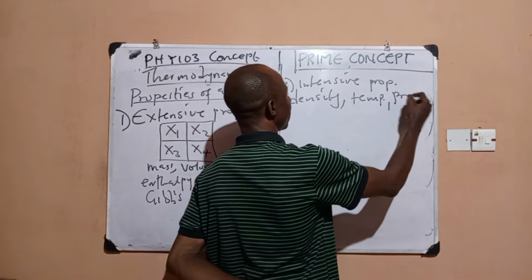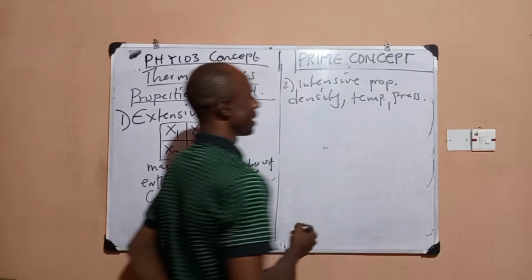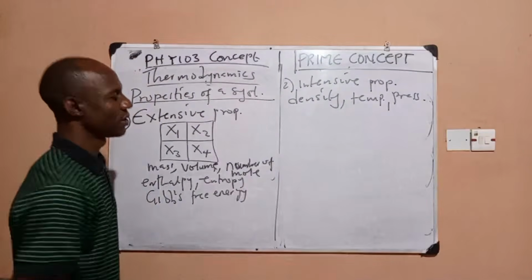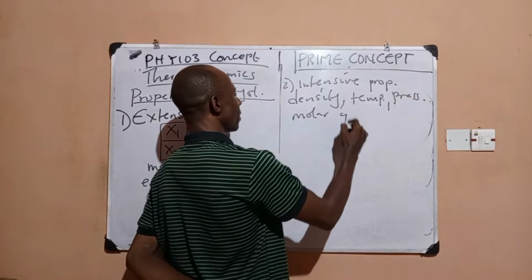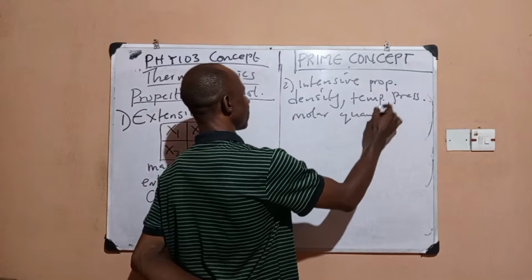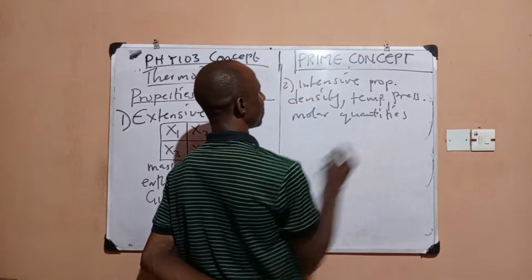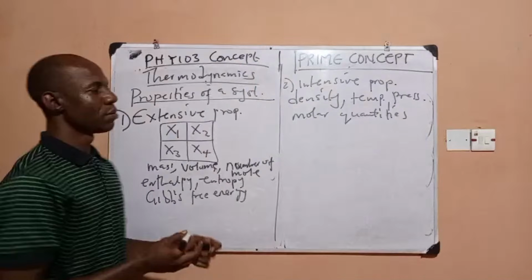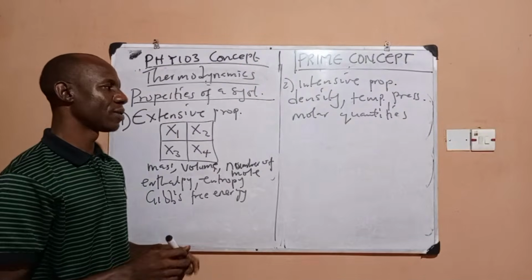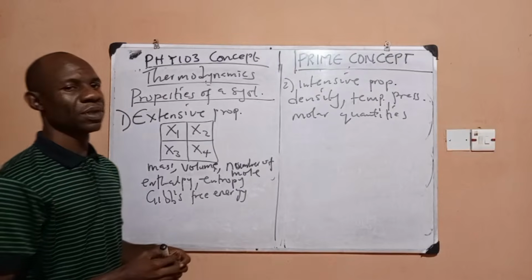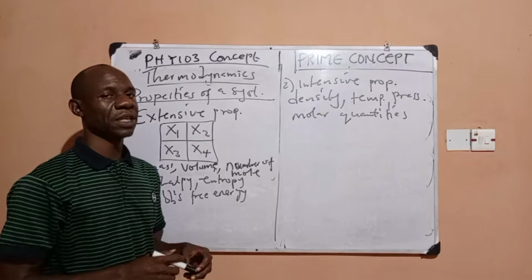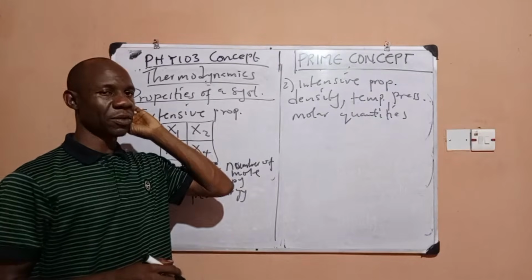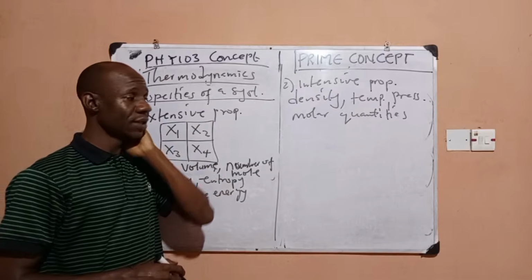Another example is pressure. All molar quantities, molar mass, and so on, molar entropy, molar enthalpy, molar Gibbs free energy. All these things are intensive properties. I hope that is clear to you.